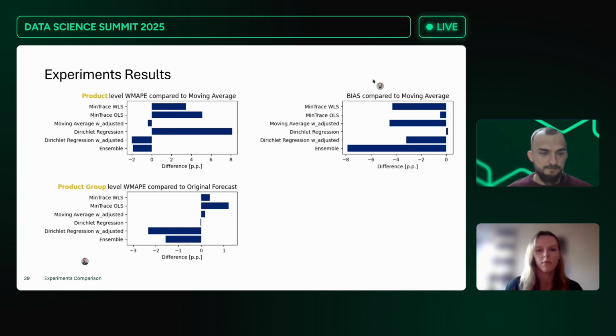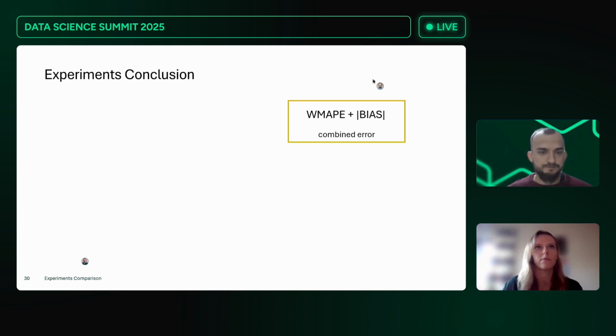And as we can see, when we do it for weight adjustment methods, we also get improvements in terms of product group level error.